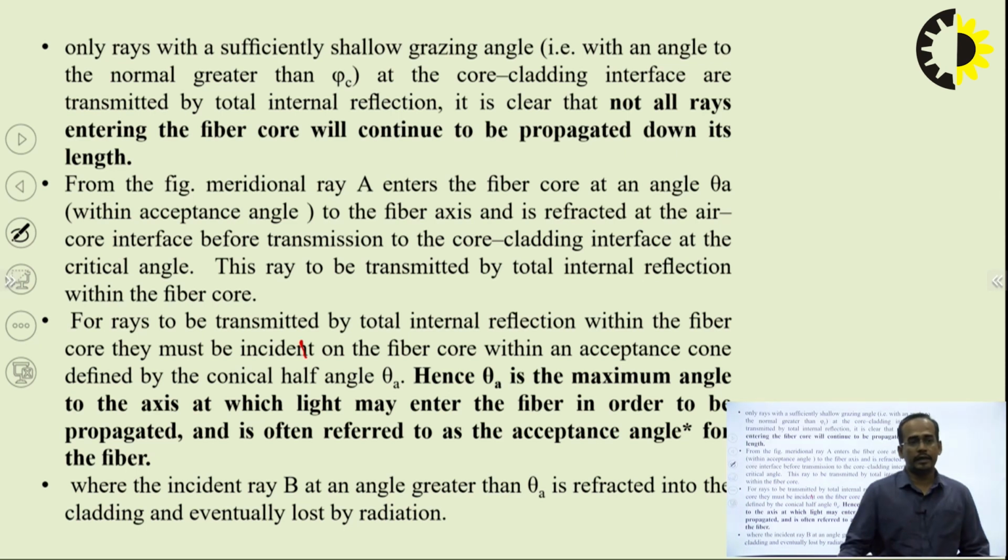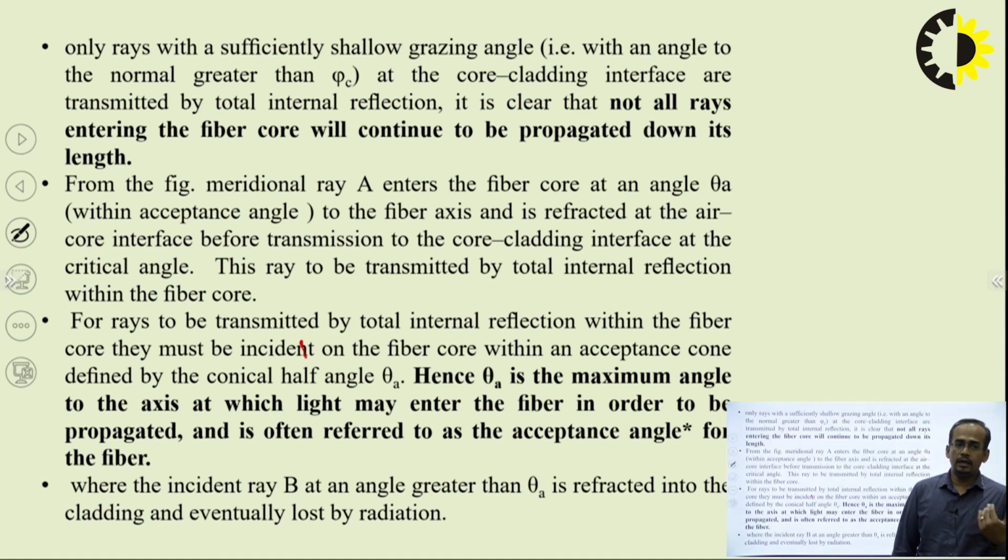From this figure you can see the meridional rays. I will discuss this later. From the figure, a meridional ray enters the fiber core at an angle theta a to the fiber axis and is refracted at the core interface, reaching the core-cladding interface at the critical angle.